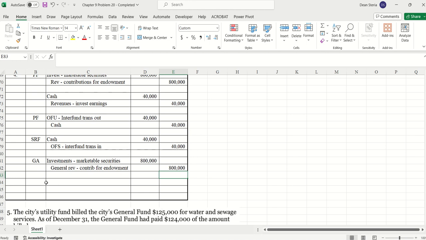And then also in governmental activities we're going to have cash, we're going to have the program revenues, culture and rec, operating grants.